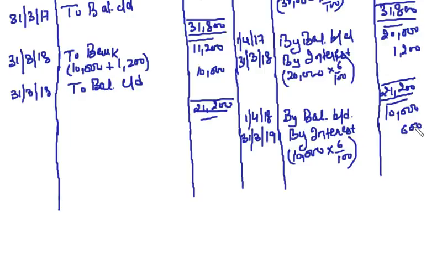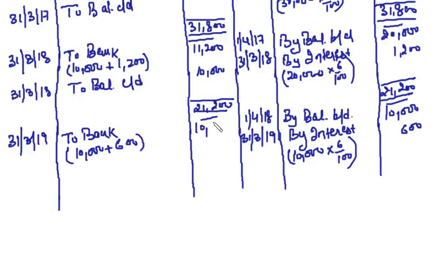This comes to 600. Now, on the same date, you have to pay to the retiring partner his final balance. What will be the third installment of 10,000 plus whatever the interest for the year, that is 600. So you will pay him 10,600. Clear?